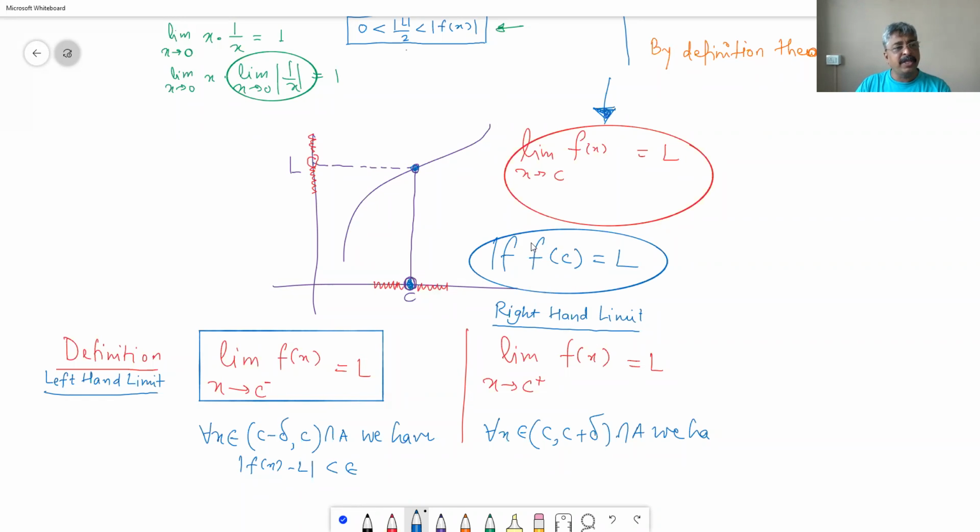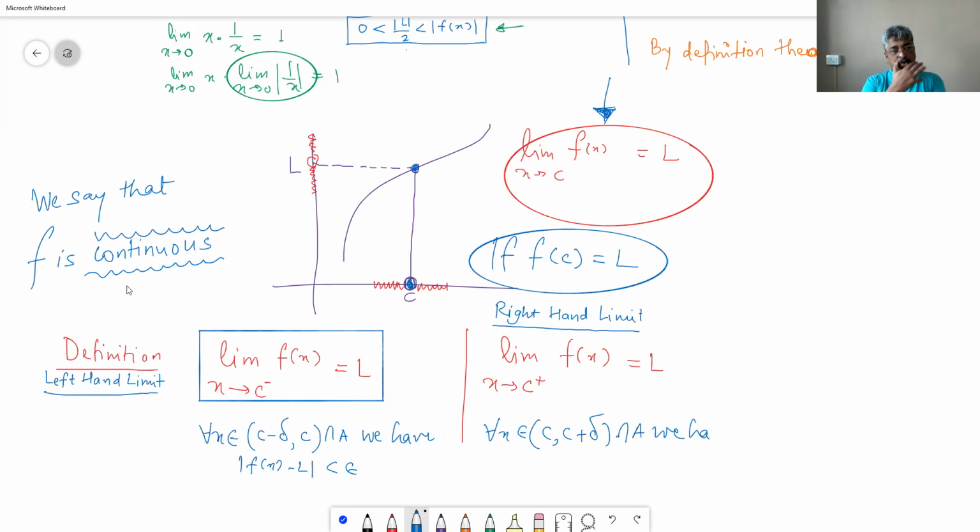This is a win-win, three times happy situation. The left hand limit is L, the right hand limit is L, and the value of the function at C is also equal to L. We say that the function f is continuous.